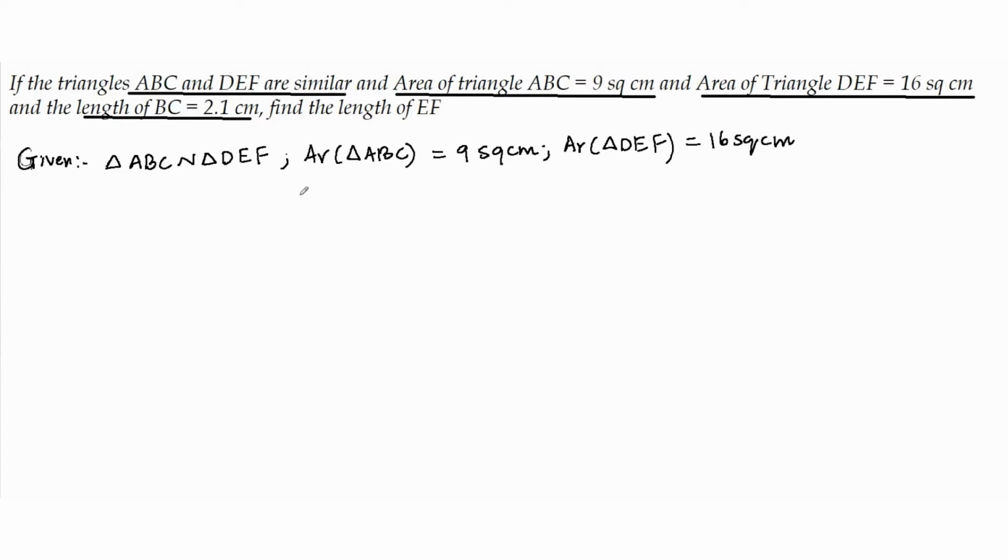Also it's given that BC is equal to 2.1 centimeters. We have to find the length of EF, right?